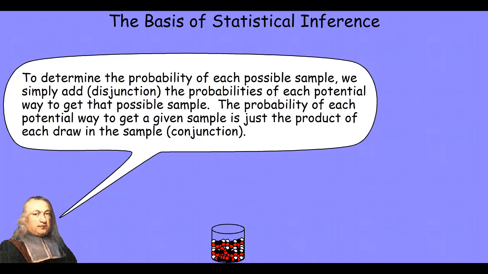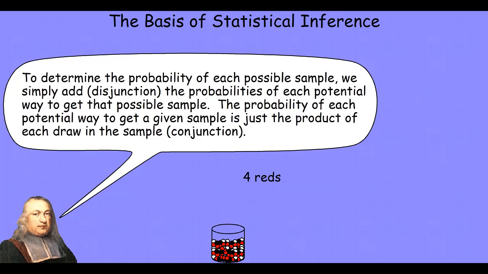The probability of each of those potential outcomes is just the product of each draw on the sample being the color that we want it to be. In other words, the restricted conjunction rule, because my draw 1 is going to be independent of my draw 2, and so on, because I'm replacing.